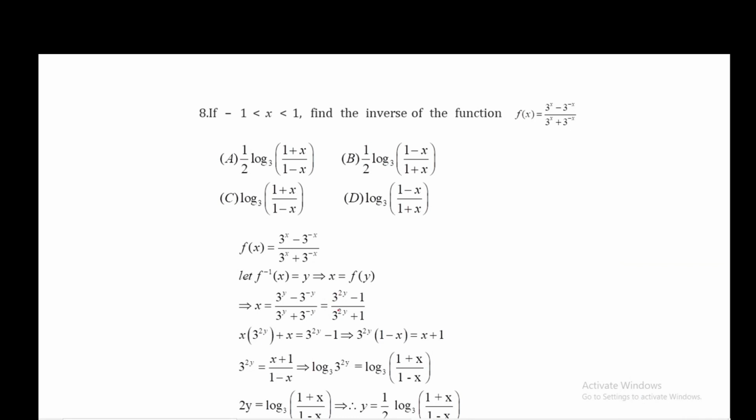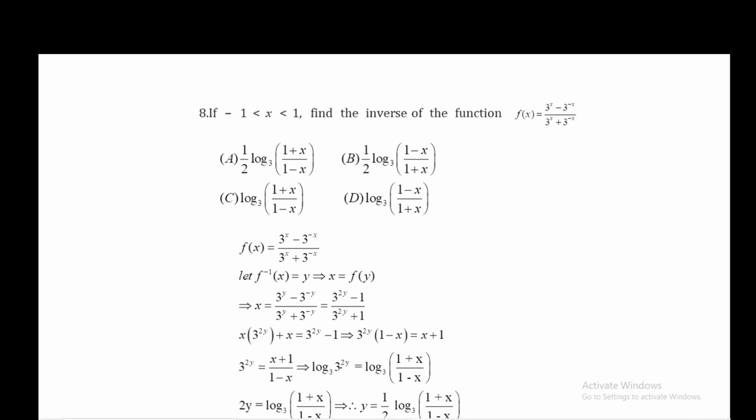Here I'm multiplying with 3 power y in both numerator and denominator. I'm getting 3 power 2y minus 1 over 3 power 2y plus 1. So I'm cross multiplying the denominator: x into 3 power 2y plus x, equals 3 power 2y minus 1. As usual, what we have done in the last problem, I'm just rearranging this one. Now 3 power 2y is equal to 1 plus x divided by 1 minus x.